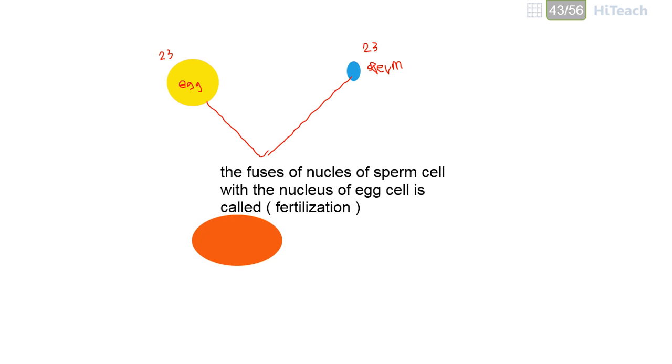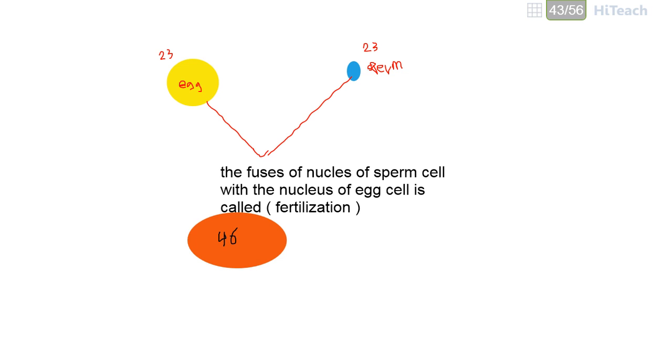This zygote contains the full number of chromosomes, because you're adding these two cells together, with half of the genetic material from your dad and the other half from your mom. So the total at the end is 46 chromosomes. The offspring has the full number of chromosomes, not the half number.